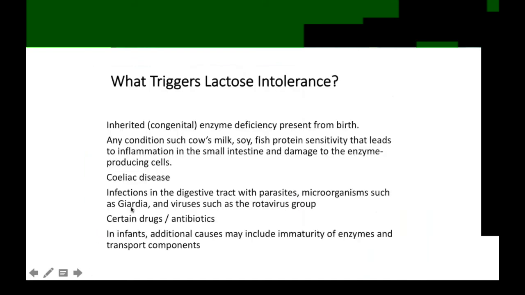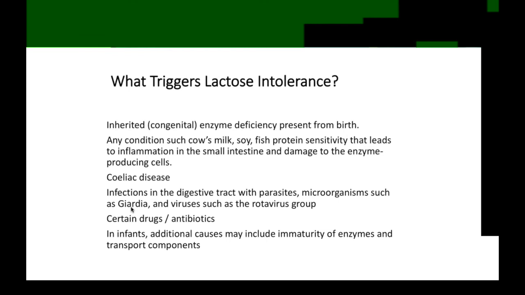And I mentioned already that there are lots of triggers of lactose intolerance. It can be inherited. And remember, lactose intolerance is more common in adults, whereas dairy allergy is more common in children. But if someone already has a sensitivity or inflammation, then it is more likely that the production of lactase is compromised.